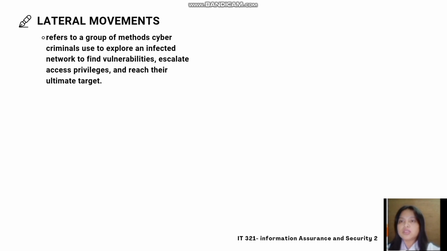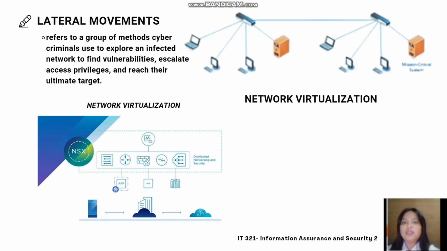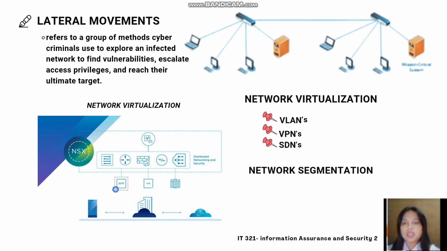Lateral movements refer to a group of methods cybercriminals use to explore an infected network to find vulnerabilities, escalate access privileges, and reach their ultimate target. In network virtualization, we have VLANs, VPNs, and SDNs. And in network segmentation, we have firewalls, routers, and switches.